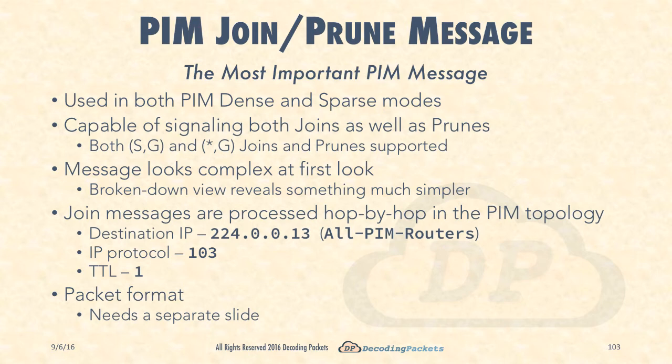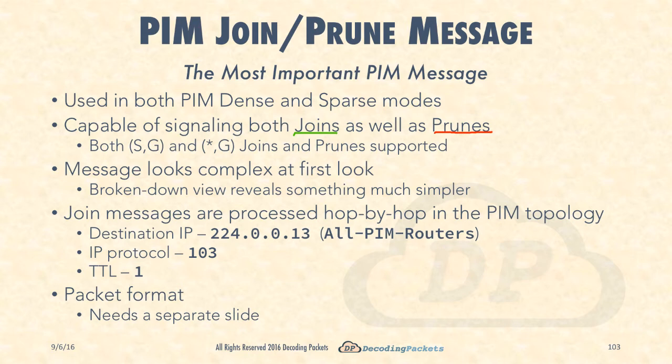So if you want to join a particular state or tree, it's capable of signaling that join, and it is also capable of pruning yourself off a tree that you're already on. So the same message can contain different parts of that same information, and you can either signal a join to a particular state or a prune from a particular state.